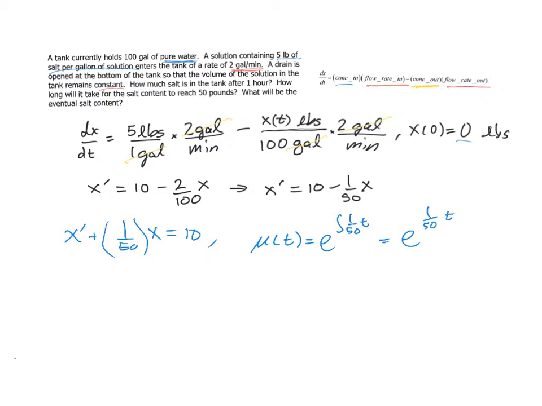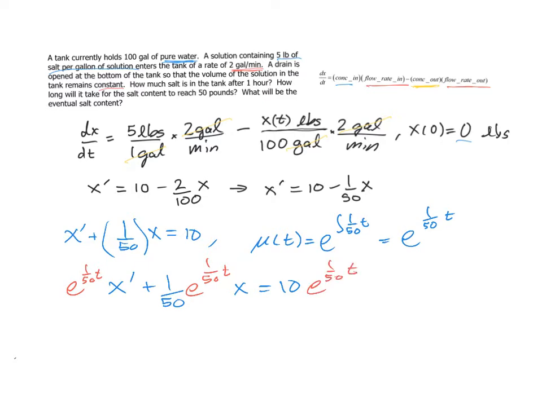We now multiply it into both sides. So we're going to have e to the 1/50 t times x prime, plus the existing 1/50 e to the 1/50 t times the x that's already there, equal to 10 times e to the 1/50 t.